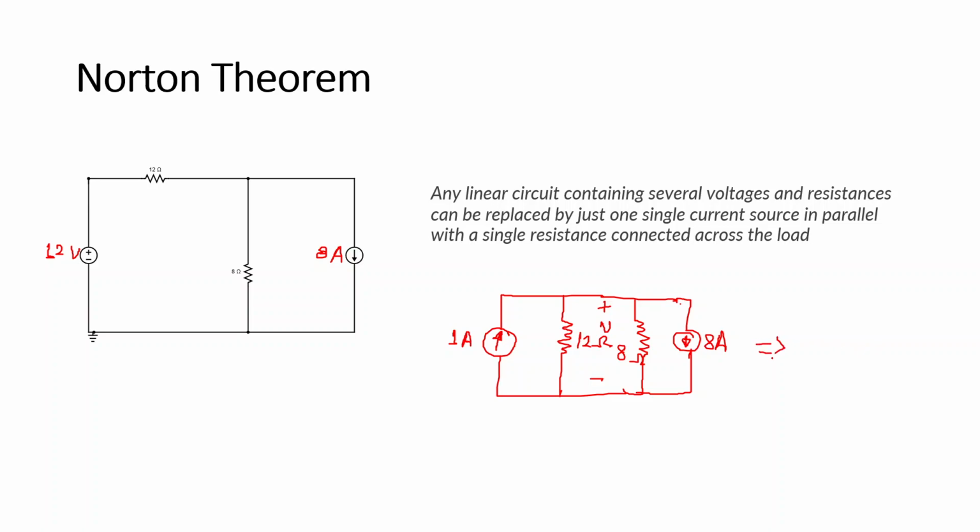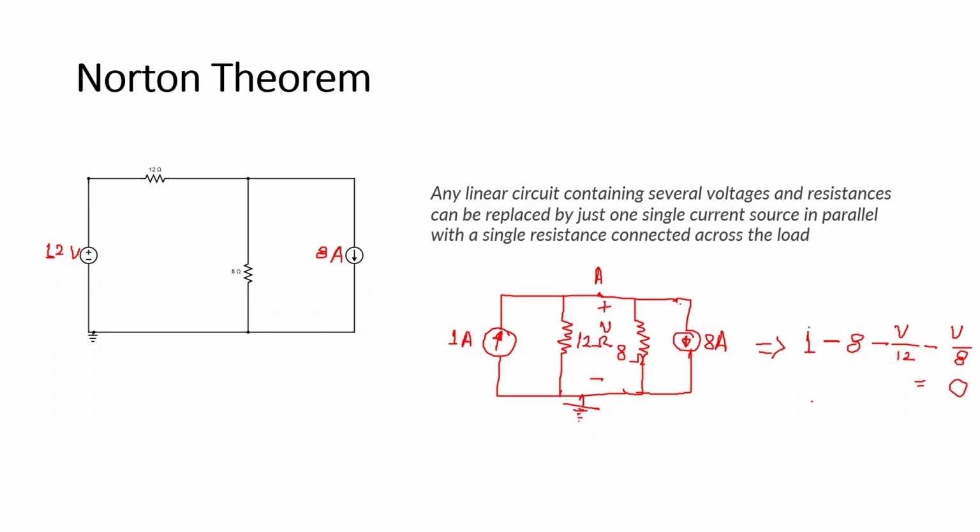This is the reference node. In this node A we write the KCL equation. So 1 ampere is entering, 8 ampere is coming out, V by 12 is coming out, and V by 8 is also coming out, equals 0.